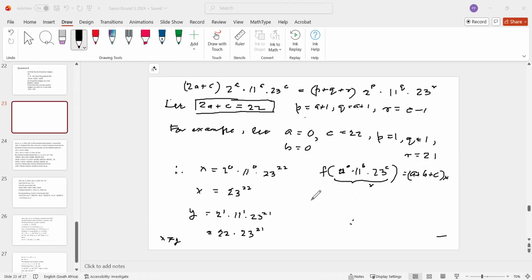So f of x, we can work it out straight away. f of x is equal to a plus b plus c, times x.